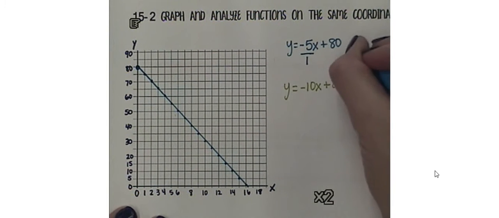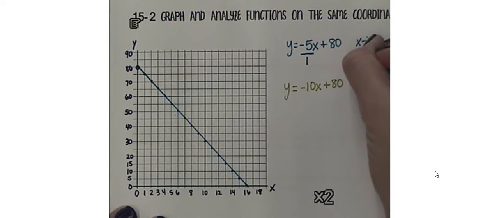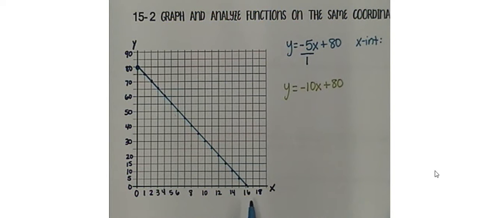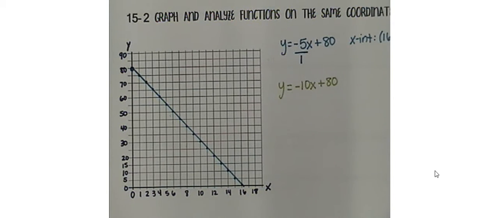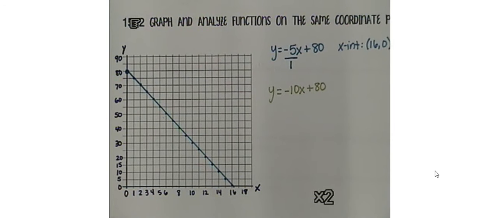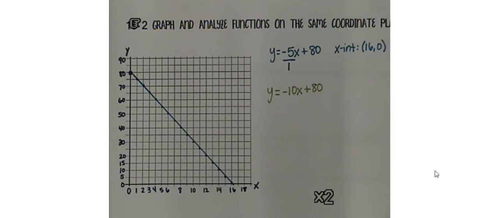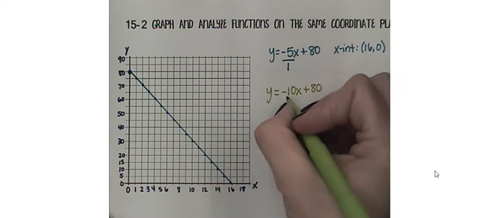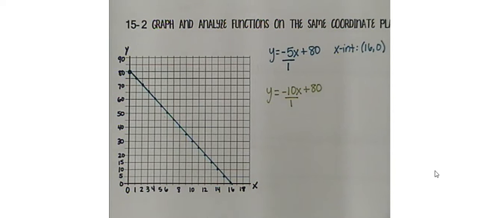What's your x-intercept here? Where does your graph end? 16, 0. All right, let's do the next graph. So down 10 over 1. What's our y-intercept?